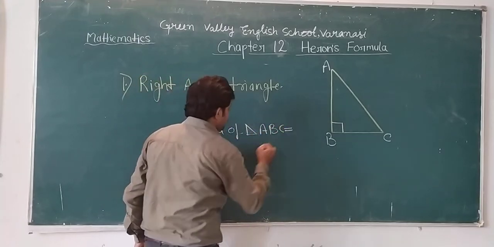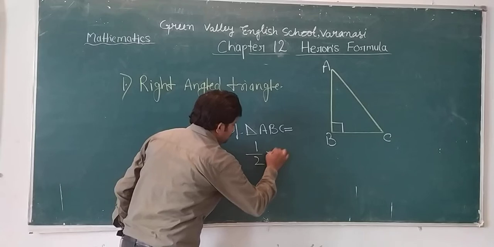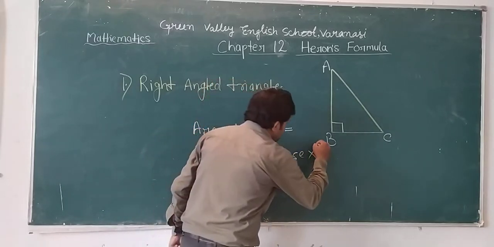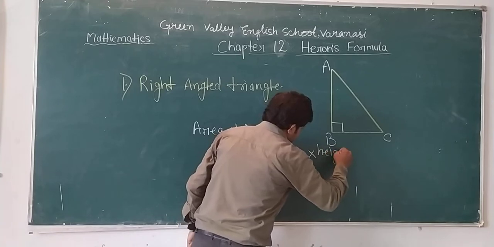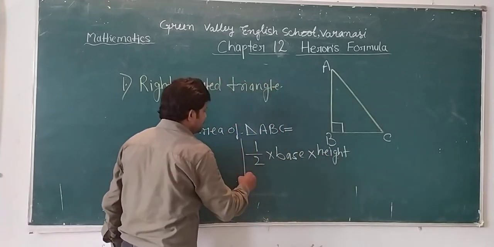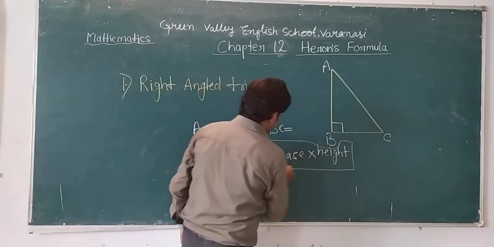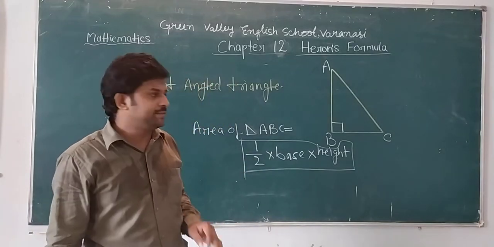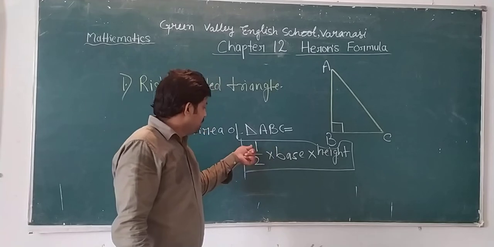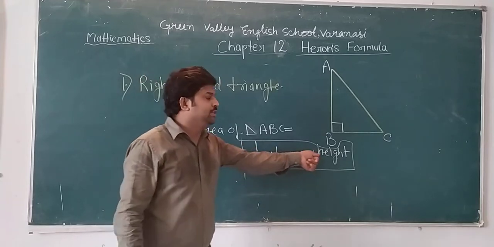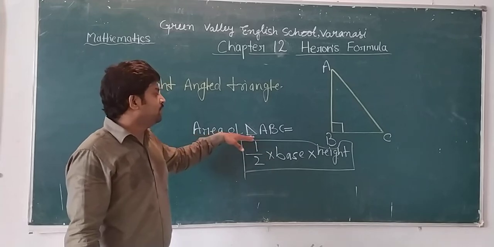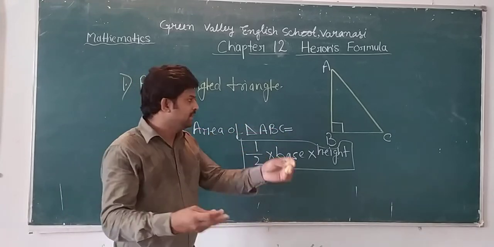Area of triangle ABC is equal to 1 upon 2 multiplied by base multiplied by height. This is the formula of the area of a triangle, 1 upon 2 into base into height. This is the formula of the area of a right angle triangle.